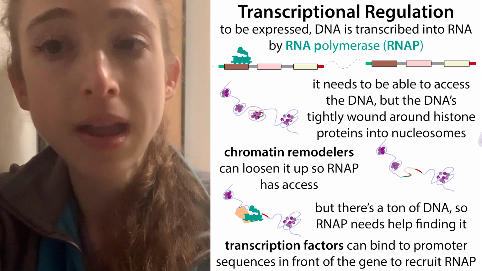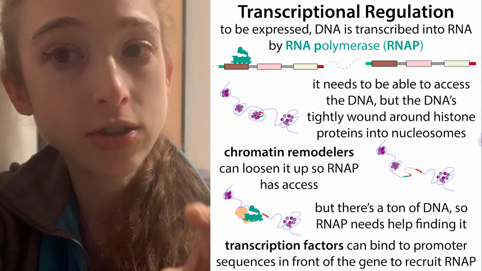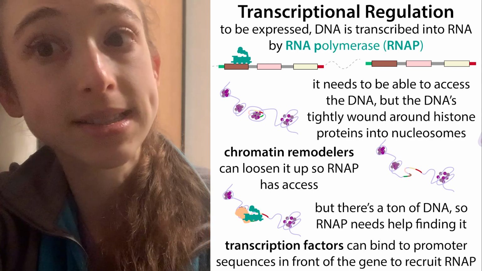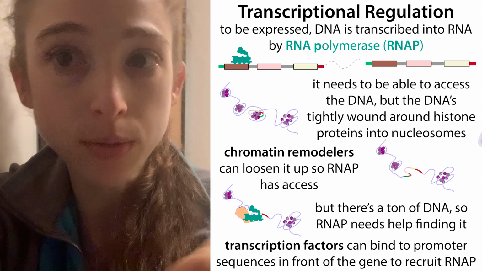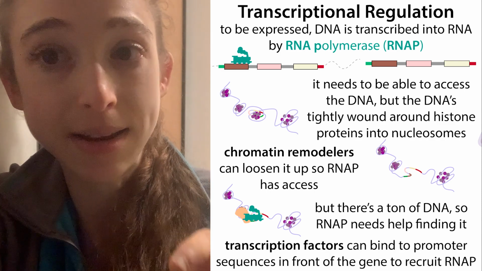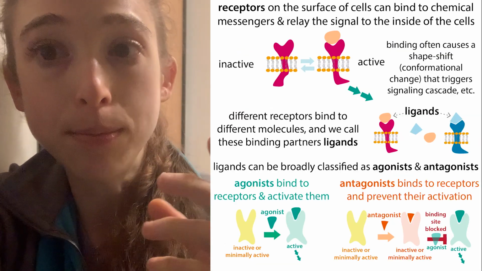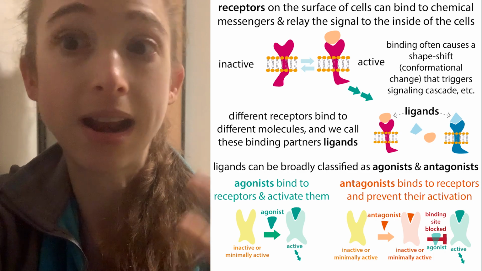And you can have different combinations of transcription factors in front of the same gene, as well as the same binding sites for the same transcription factor in front of multiple genes that you want to regulate at the same time.